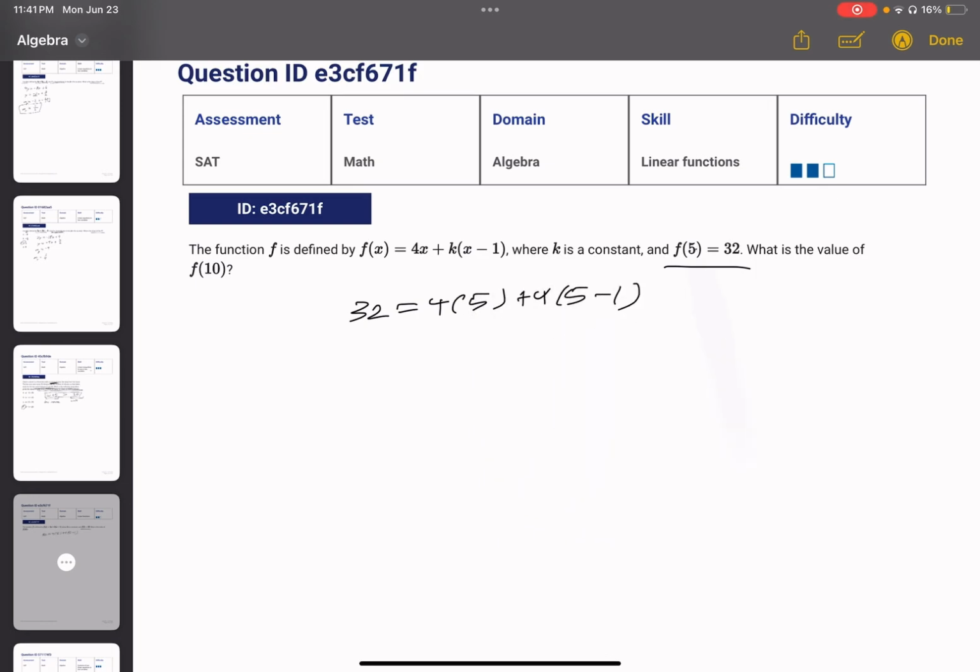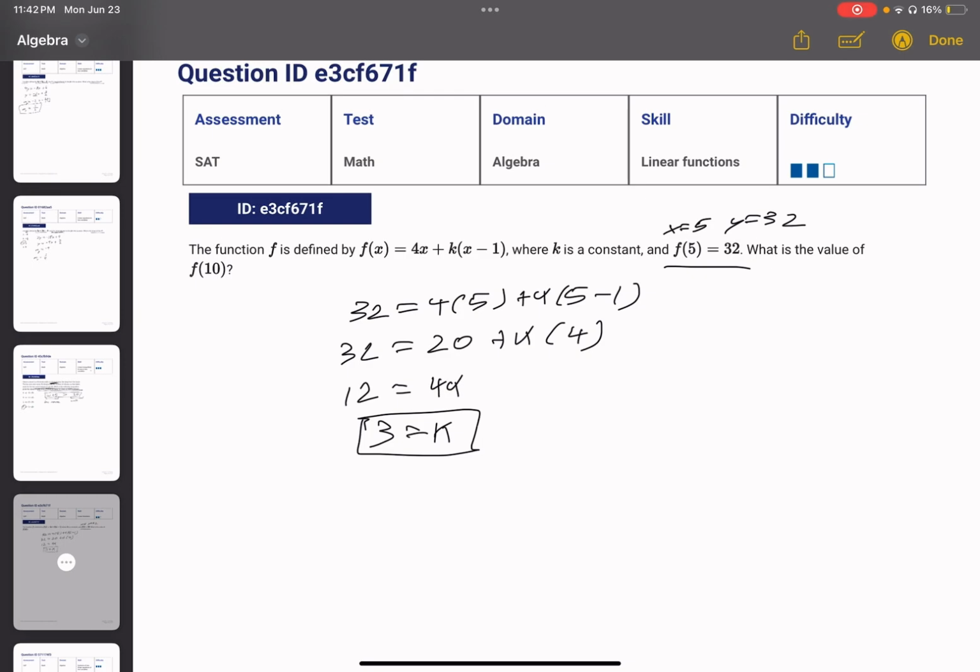I'm just plugging in x is equal to 5 and f of x is equal to 32, same deal. So we have 32 is equal to 20 plus k minus 4. So we have 12 is equal to 4k, and k is equal to 3.